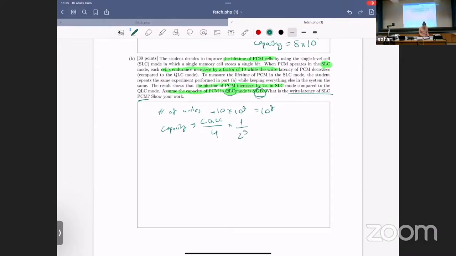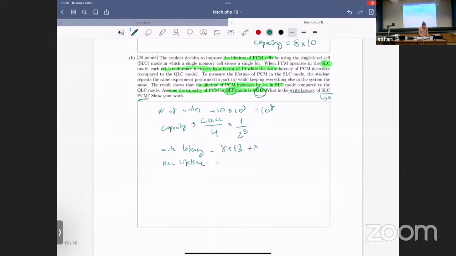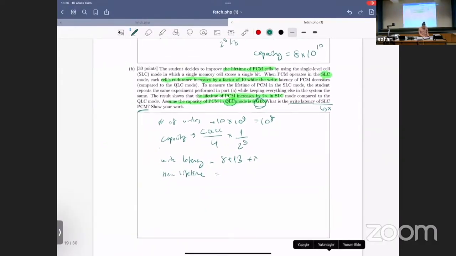And then, let's say this value is X, the write latency is 8 plus 13, which is the time it requires to send a memory request from the CPU to the memory controller and the memory controller to PCM, plus the X value that we want to find. And then the new lifetime of this PCM is equal to the previous one times 2, which is 2 times 10 to the 17.